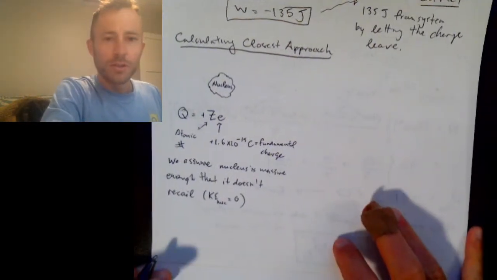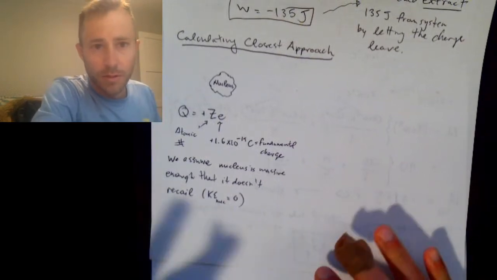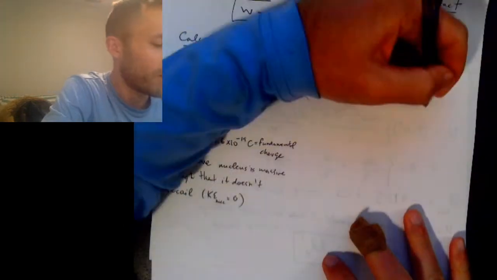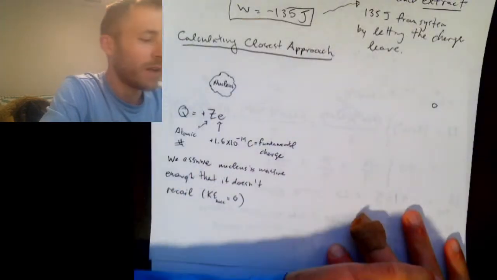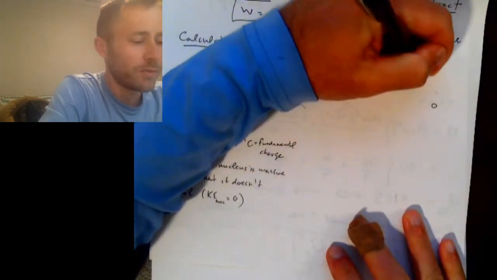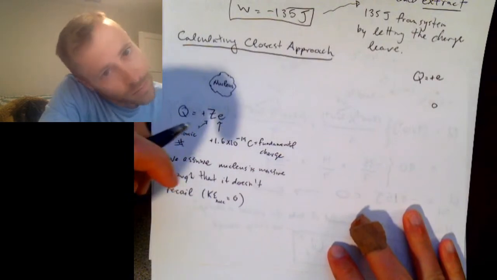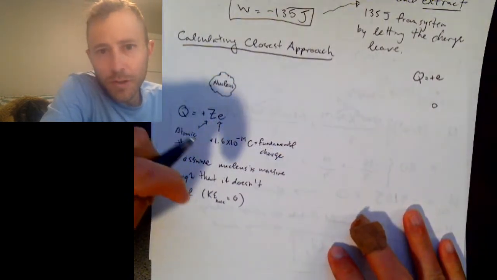Then what we're going to do is launch something much lighter at the nucleus. We have a little particle that has a charge of plus e, so it has less charge, just a single fundamental charge.